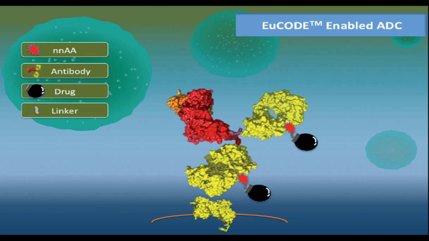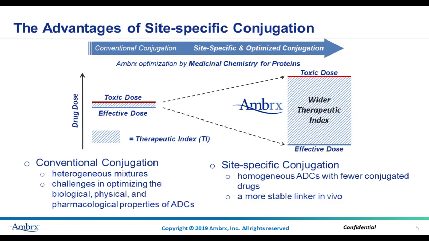The gray and black atoms are the linkers and the payloads. The bright red sites are the non-natural amino acid sites. The EuCODE technology empowered us to optimize the position of the conjugation, linker design, and the functional payloads.